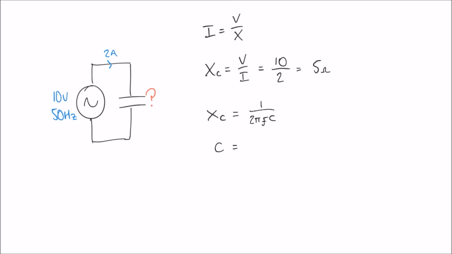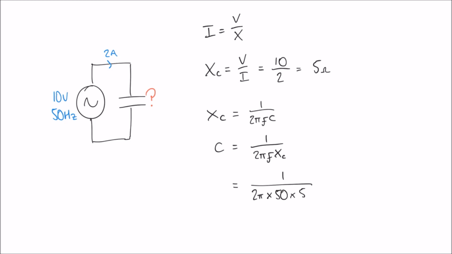C equals 1 over 2 pi FXC. So if we fill out our values here, that's the same as saying 1 over 2 pi times 50, the frequency, multiplied by our reactance, which we said was 5 ohms.